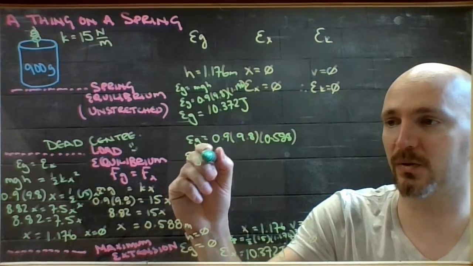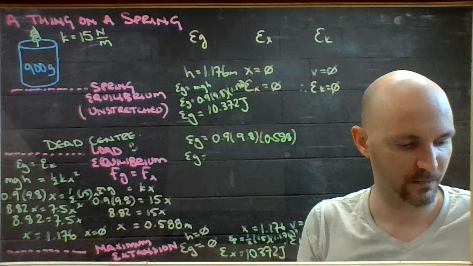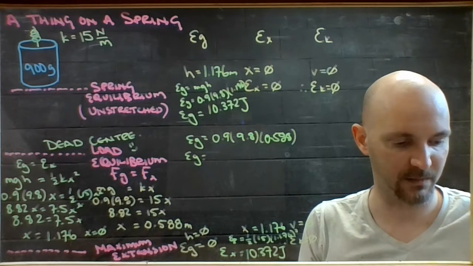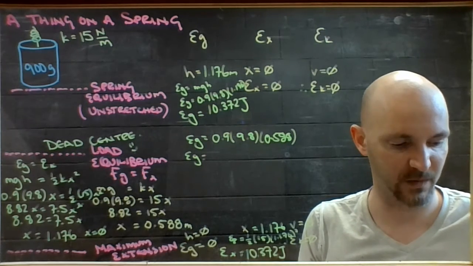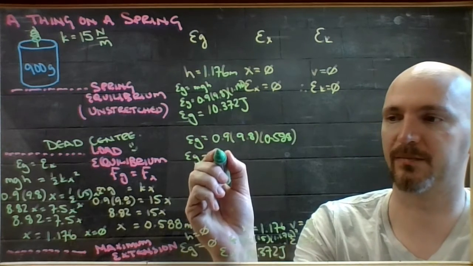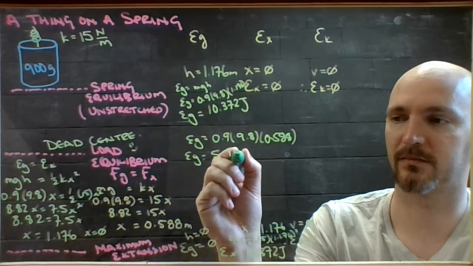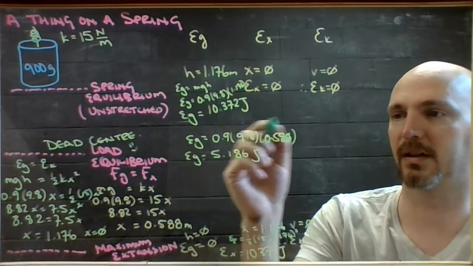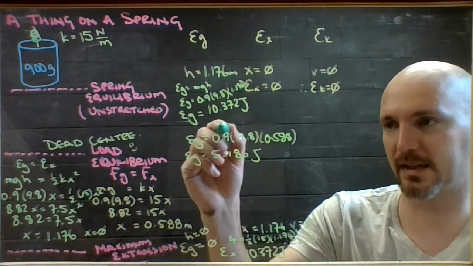That gives me a total of 0.9 times 9.8 times 0.588. It's 5.186 joules. Okay, so this is at the equilibrium part.